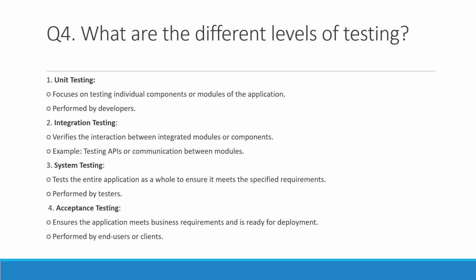Third one, system testing tests the entire application as a whole, ensuring it meets specified requirements, performed by testers. Fourth one, acceptance testing ensures the application meets business requirements and is ready for deployment. This is usually done by end users or clients.